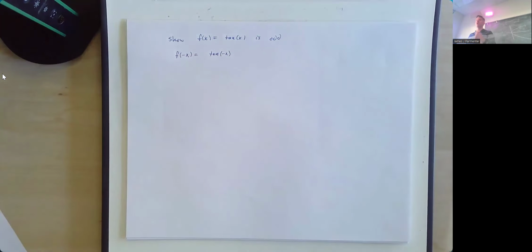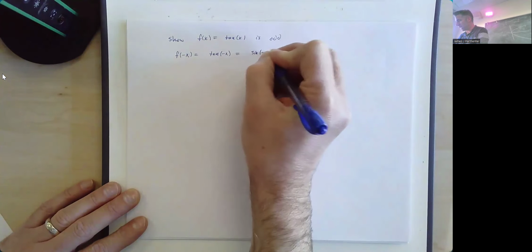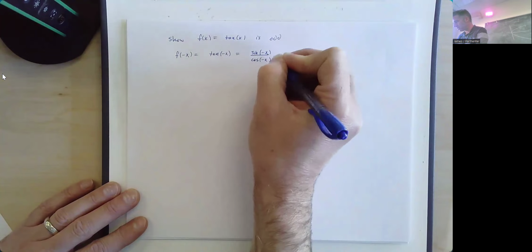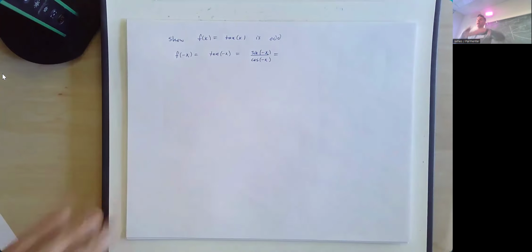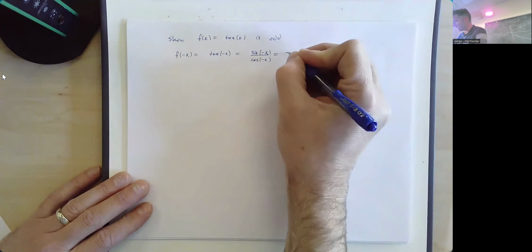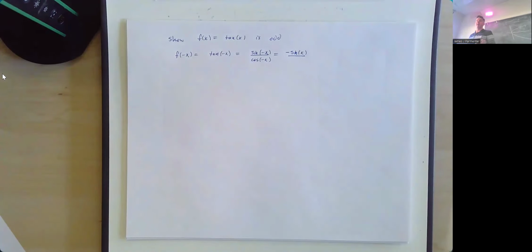I'm about to use the fact that I know what sine and cosine are, odd, even wise. Sine is an odd function, which means sine of negative x is going to equal negative sine of x. Cosine is an even function, meaning cosine of negative x is going to equal cosine of x.